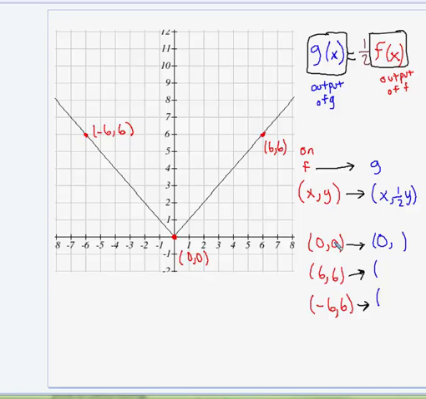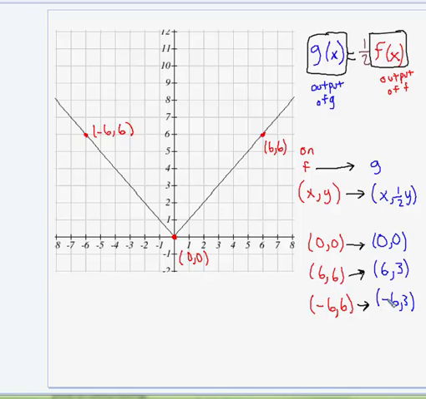The old output on f was 0, I multiply by 1/2, and 0 multiplied by 1/2 is 0. Repeating that process, leaving the x coordinate alone, I write 6, multiplying the y coordinate by 1/2, 6 times 1/2 is 3, and then finally leaving the x coordinate of this point alone, -6, cutting the y coordinate in half, 1/2 of 6 is 3.